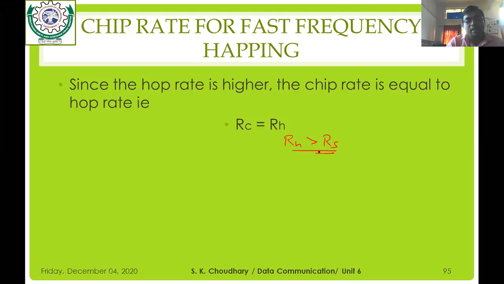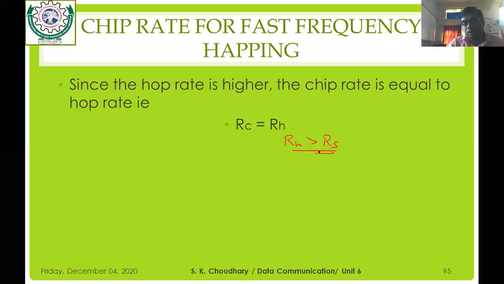Generally in the examination, sometimes they ask for a description of this, or sometimes they ask for a comparison between slow and fast frequency hopping. So you can write a table. I have not shown the table here; you have to prepare that table. In slow frequency hopping, multiple symbols are transmitted per frequency hop. In fast frequency hopping, multiple hops are taken to transmit one symbol.